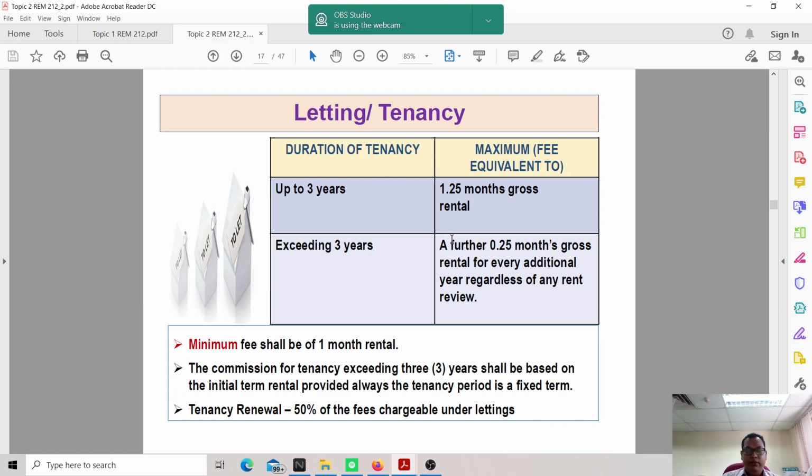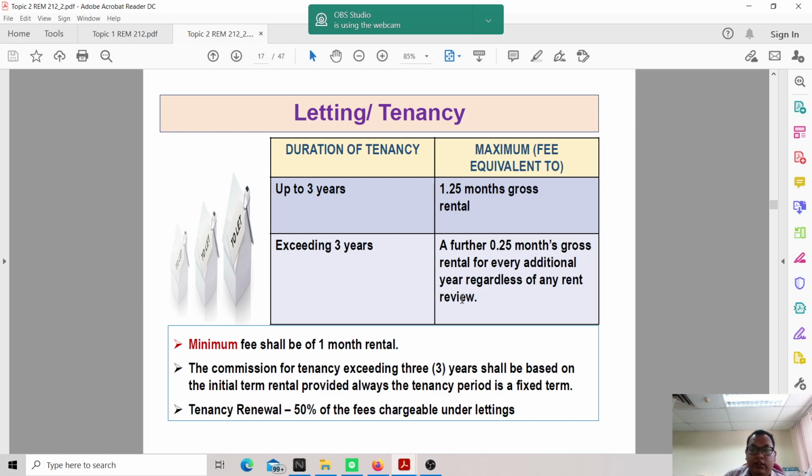So the maximum fee, if you are finding potential tenants, is 1.25 months of gross rental. Let's say the rental is 1,000 ringgit per month, then you can get 1.25, which becomes 1,250 ringgit. So if it exceeds 3 years, it's not rental anymore.